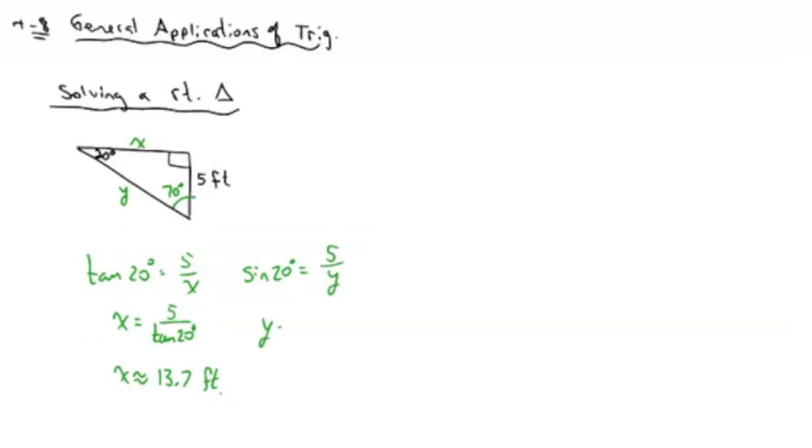So y is equal to 5 divided by sine of 20 degrees, which is approximately 14.6 feet. And there you go. Now I know everything about this triangle, all 3 sides, all 3 angles. So that's basically what it means to solve the right triangle.